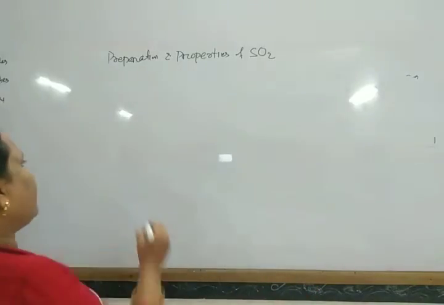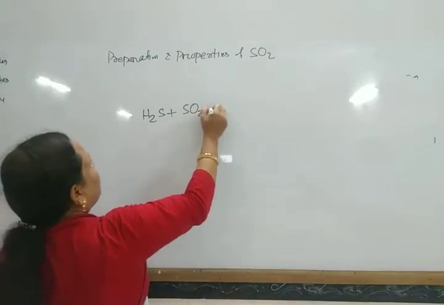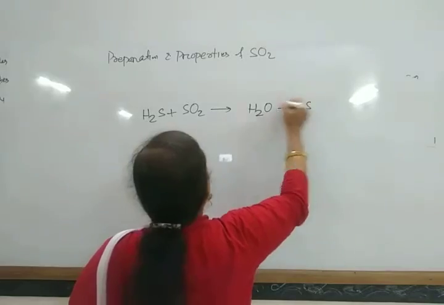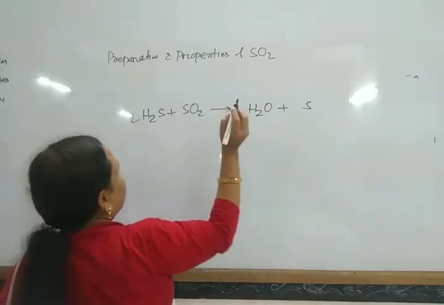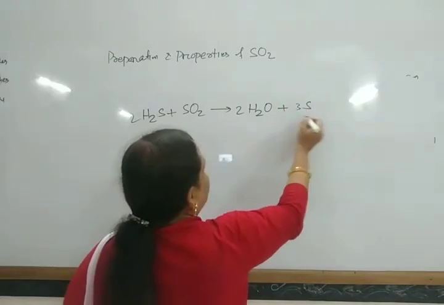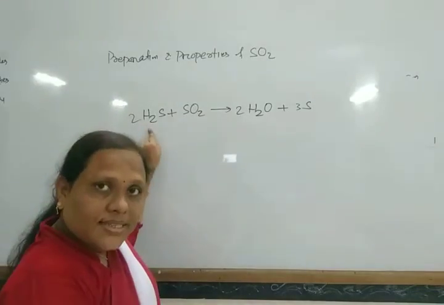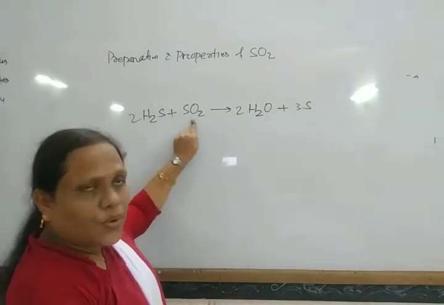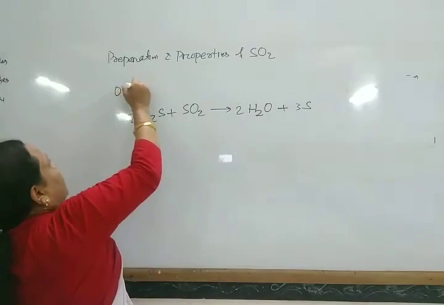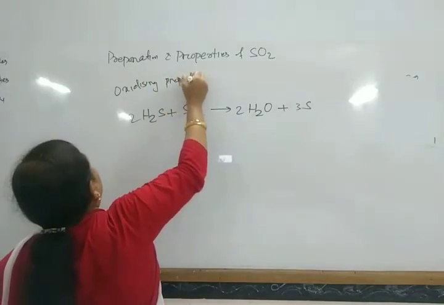So 2H2S plus SO2 give rise to 2H2O plus 3S. Here H2S acts as a reducing agent and SO2 acts as an oxidizing agent. This is the oxidizing property.